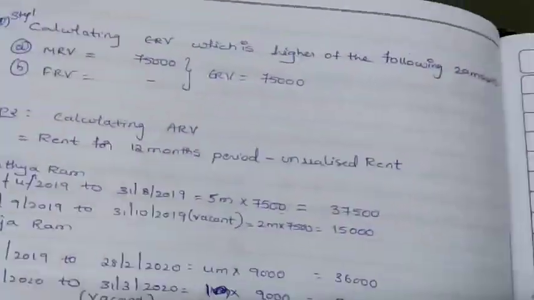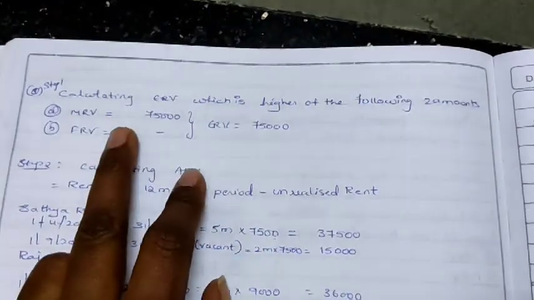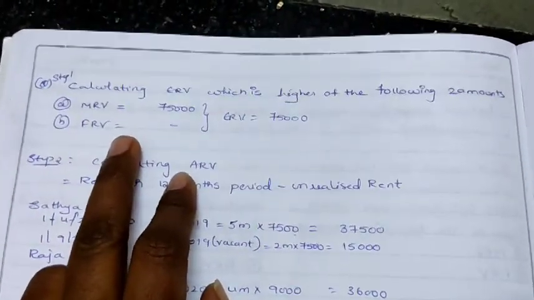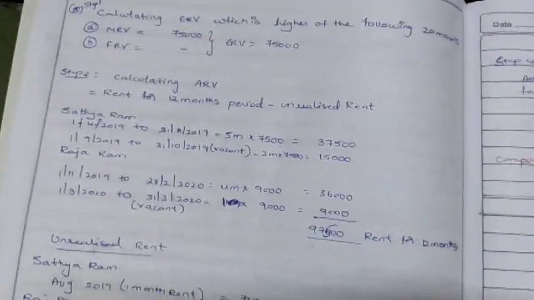First, calculating ERV, which is the higher of the following 2 amounts, MRV and FRV.